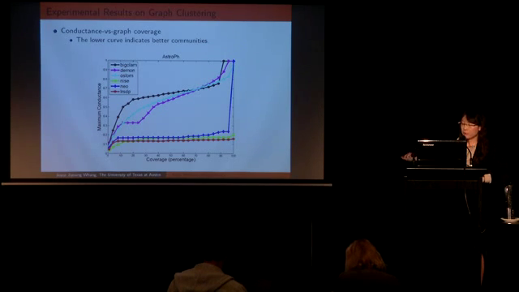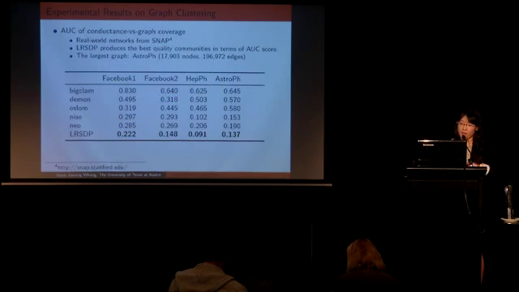The resulting graph looks like this, and the lower curve indicates better communities. So we compute the area under curve score for each plot. We observed that on 4 different real-world social networks, the LRSDP method could achieve the lowest AUC score, which means that it produces the best quality communities in terms of the conductance.